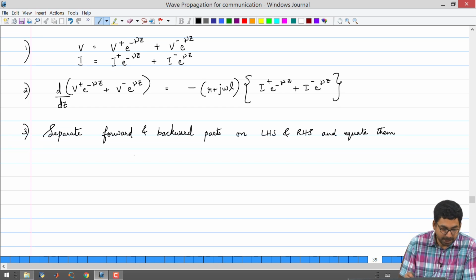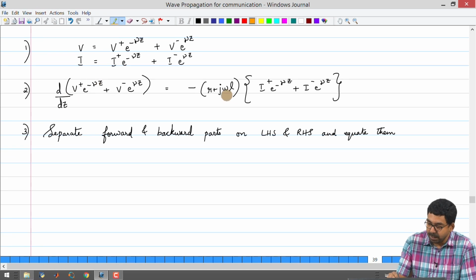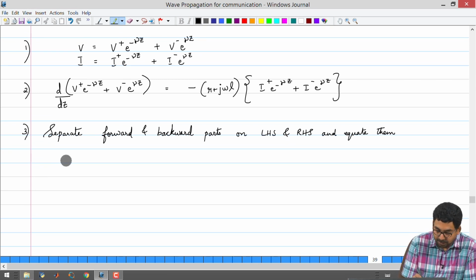So, for the forward part, if I take d by dz of V plus e to the minus gamma z, that is the forward part. So, I am going to take this term and then equate it on the right hand side to the forward term I plus e to the minus gamma z with its coefficients. Okay. So, if I take the derivative, I will have minus gamma V plus e to the minus gamma z.